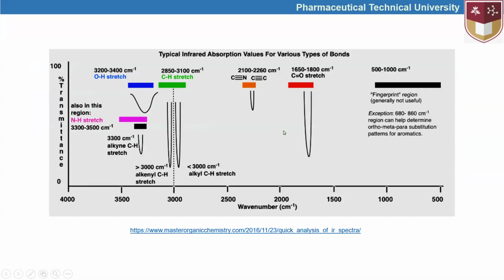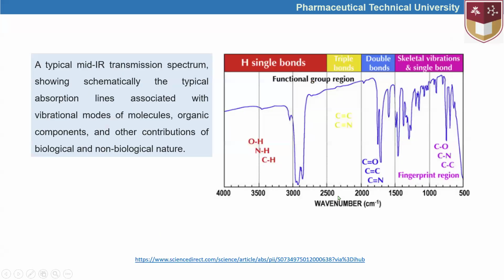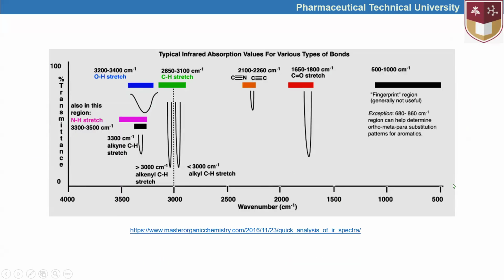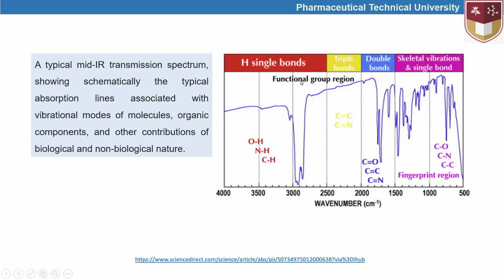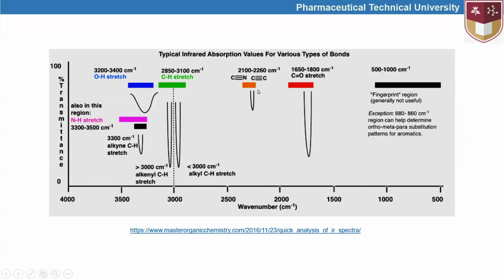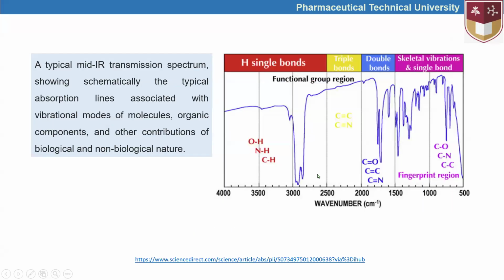And here we can see similar results, from 500 to 1500 is indicated here. Here we can see carbon-oxygen double bonds between 1500 to 2000, or triple bonds between carbon-nitrogen or carbon-carbon between 2000 and 2500 reciprocal centimeters, indicated here.